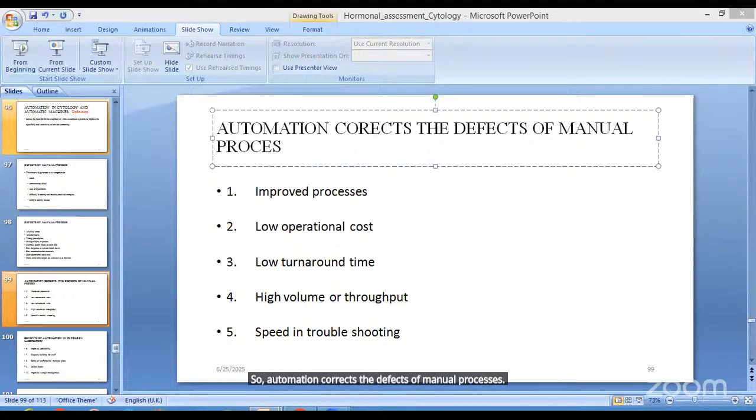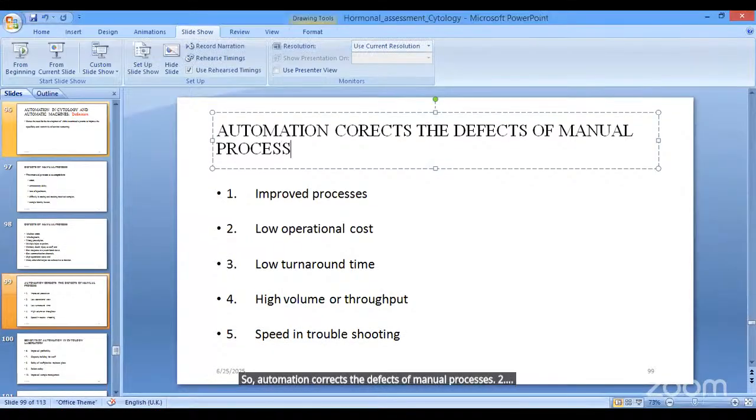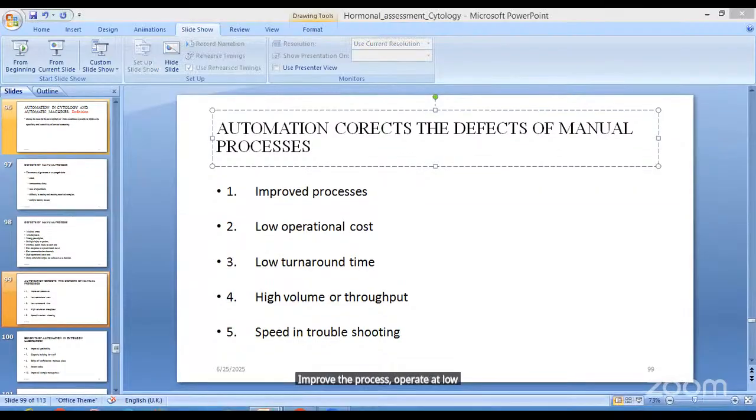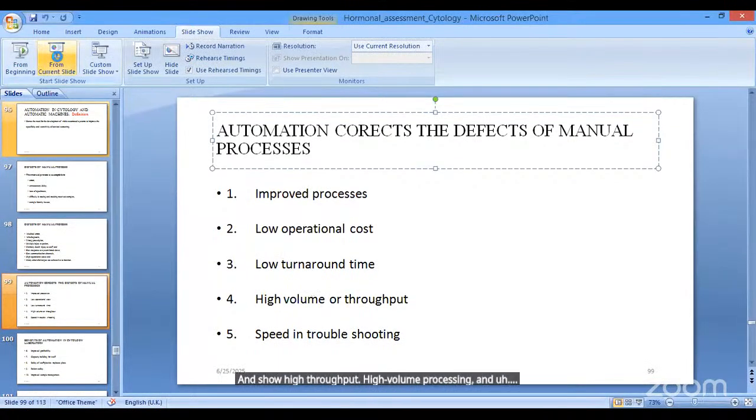It will improve the process, operate at low cost, reduce the turnaround time, ensure high throughput or high volume processing, and bring speed to the process.